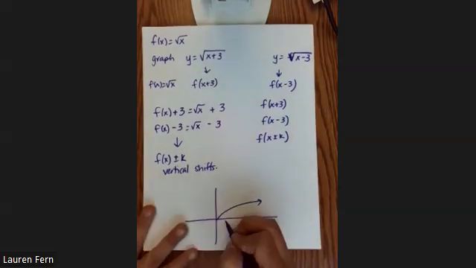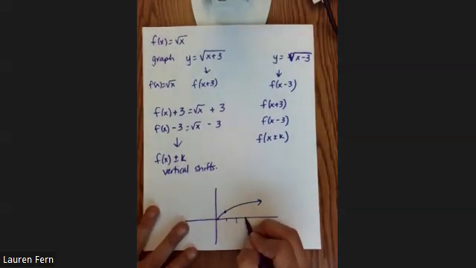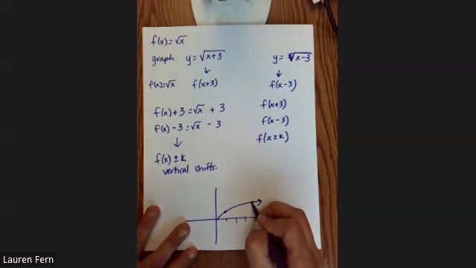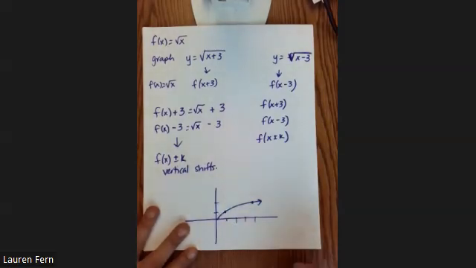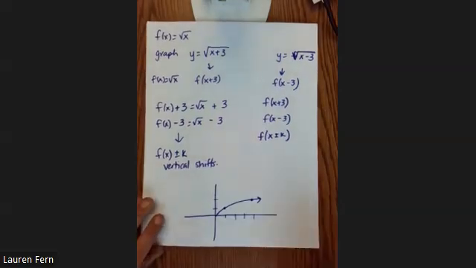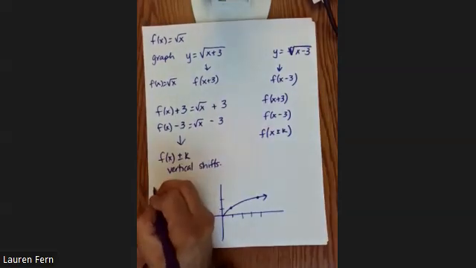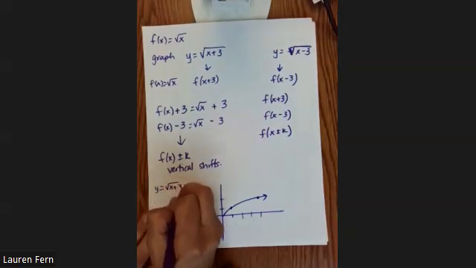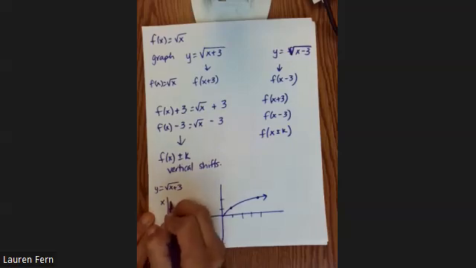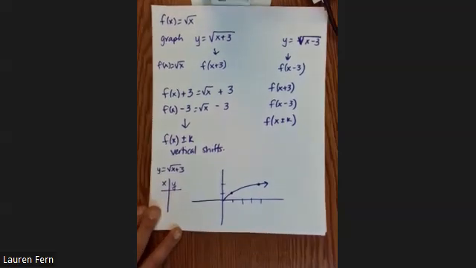Here's my function, y equals the square root of x. There's 1, 1. And there's 4, 2. Okay. So let's do this first one. If I want to graph y equals the square root of x plus 3, note, I've got some domain things going on, don't I?